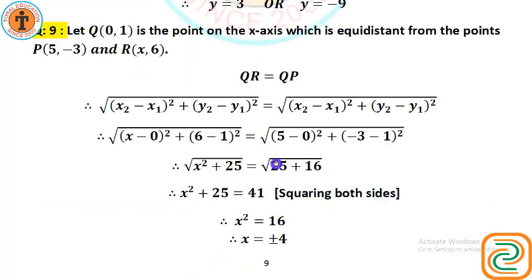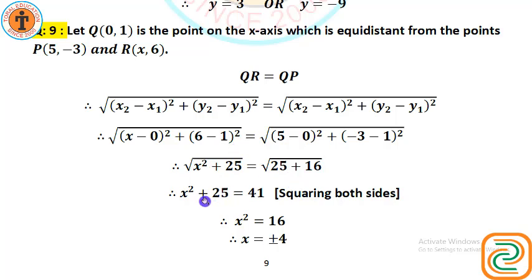Look at this. Square root of (x minus 0) whole square plus (6 minus 1) whole square for QR. Similarly, square root of (5 minus 0) whole square plus (minus 3 minus 1) whole square. So x square plus 25 equals 25 plus 16 under root.